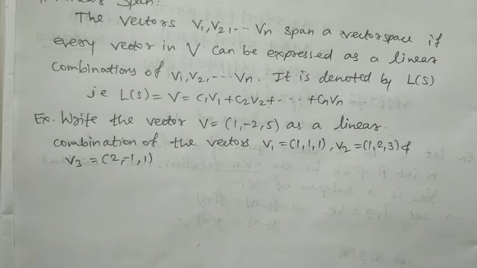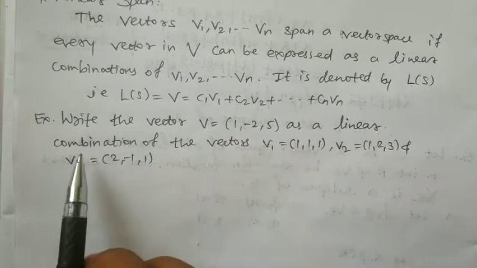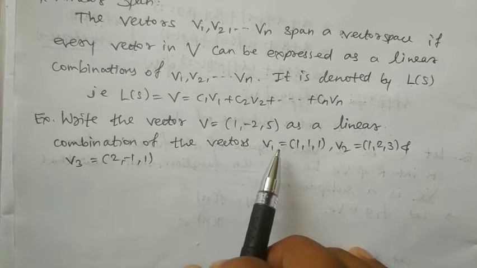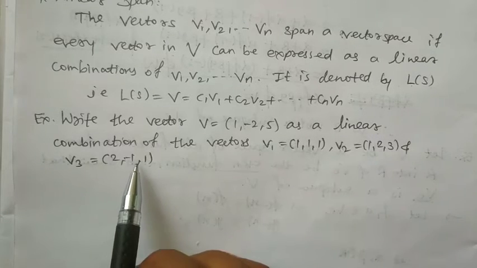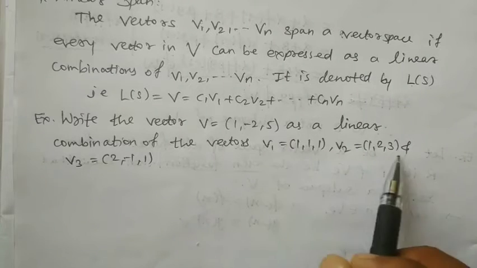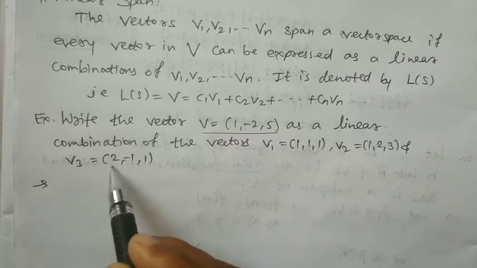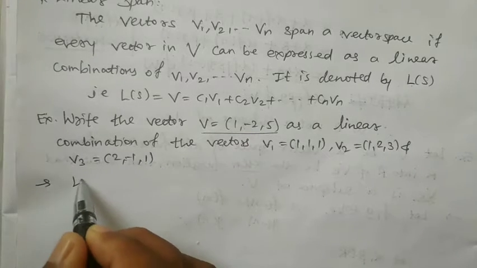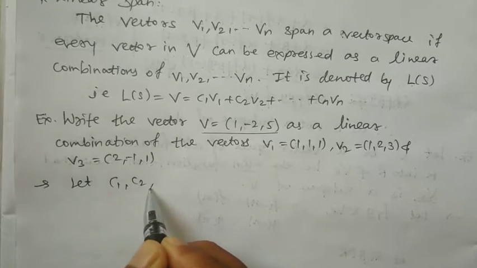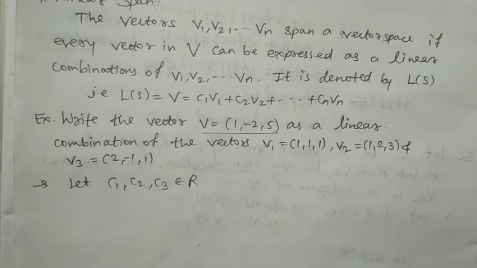First example: write the vector V equals (1, -2, 5) as a linear combination of the vectors v1 equals (1, 1, 1), v2 equals (1, 2, 3), and v3 equals (2, -1, 1). These are all row vectors. To write this, let c1, c2 and c3 be any three real numbers.